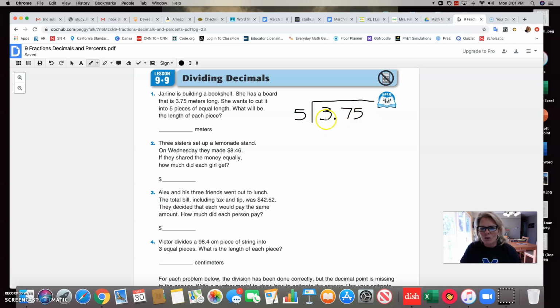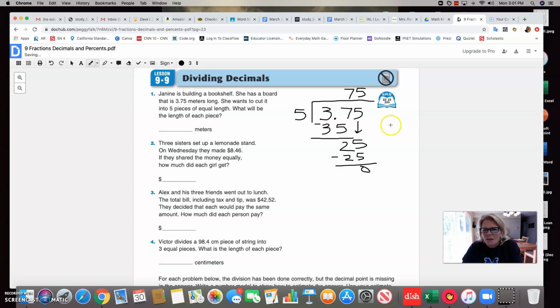So 5 can't go into 3. 5 can go into 37 7 times, and that equals 35. And then you subtract, so 7 minus 5 is 2. That's 0. I'm not going to put that 0 here. You need to bring down that 5. 5 goes into 25 5 times exactly, so I don't have a remainder.